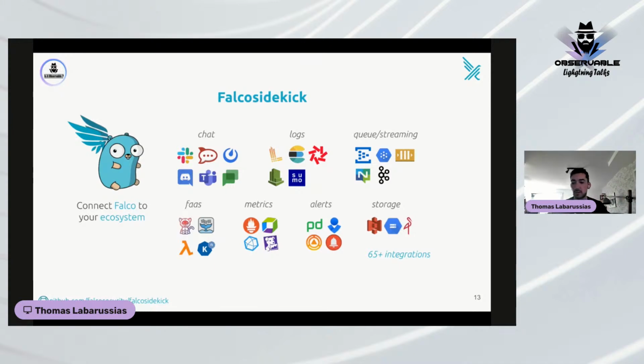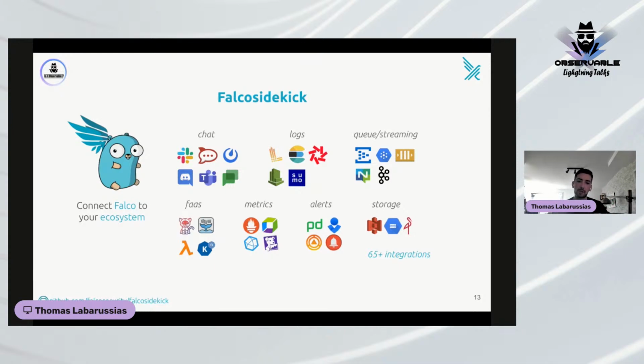If the amount of events is really big, or you want to mutualize some systems, you can also use queues like Kafka, NATS, PubSub, or else. Of course, you have metrics with Prometheus, and you can also wake up your on-call with PagerDuty, Opsgenie, Grafana OnCall, or else.